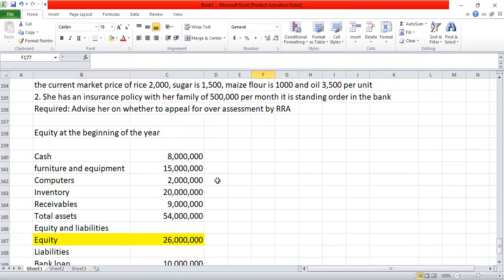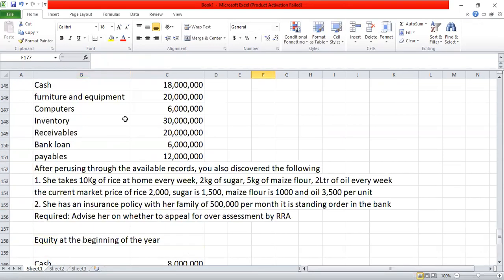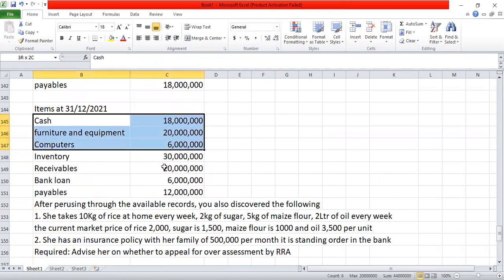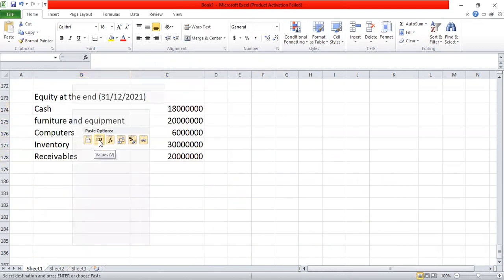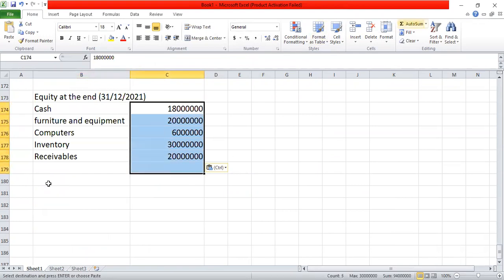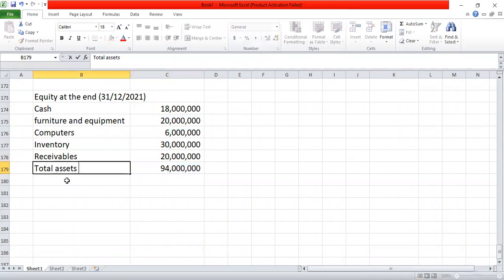I'm going to do the same, copying these items at the end. So the total assets will be that.